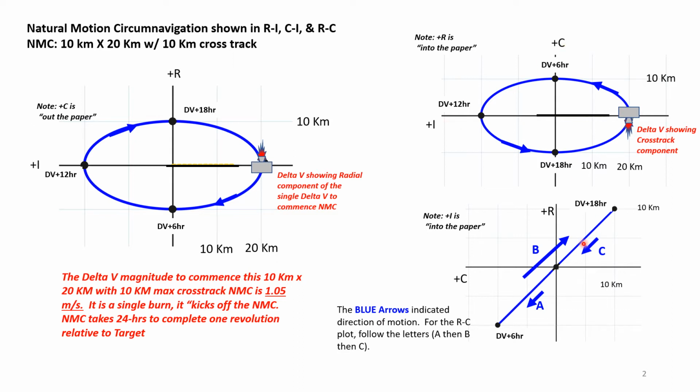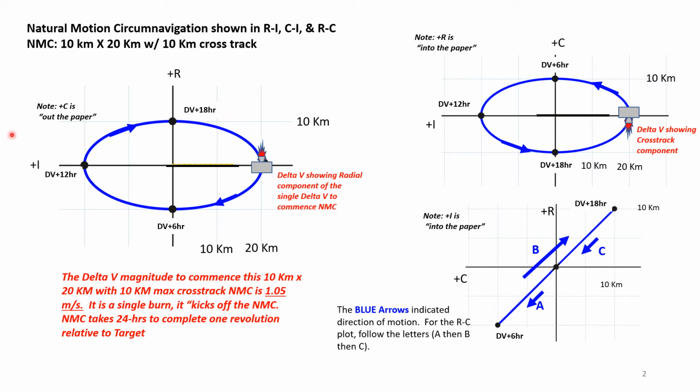Down here, this is a really nifty drawing. This is radial cross-track. So what you see in the radial is it goes negative, but it also goes to positive 10. That's in 6 hours. Then it takes 12 hours to go way over here. So now it's positive 10 in the R and negative 10 in the cross-track.